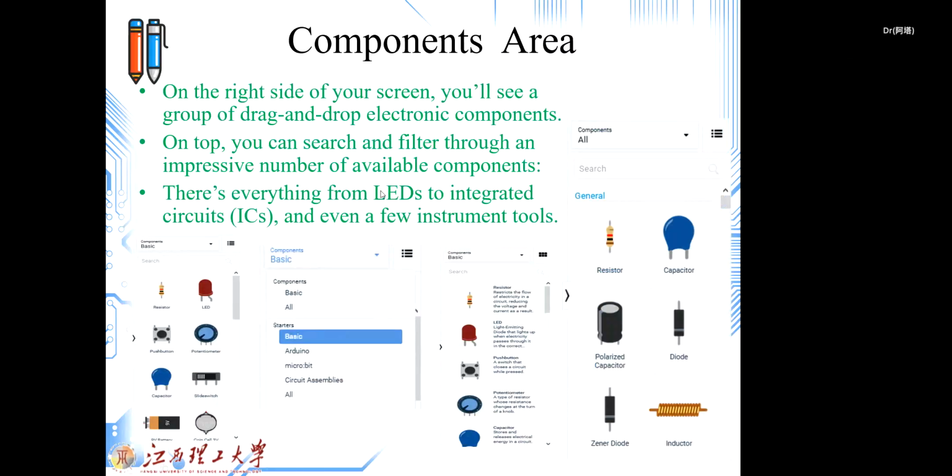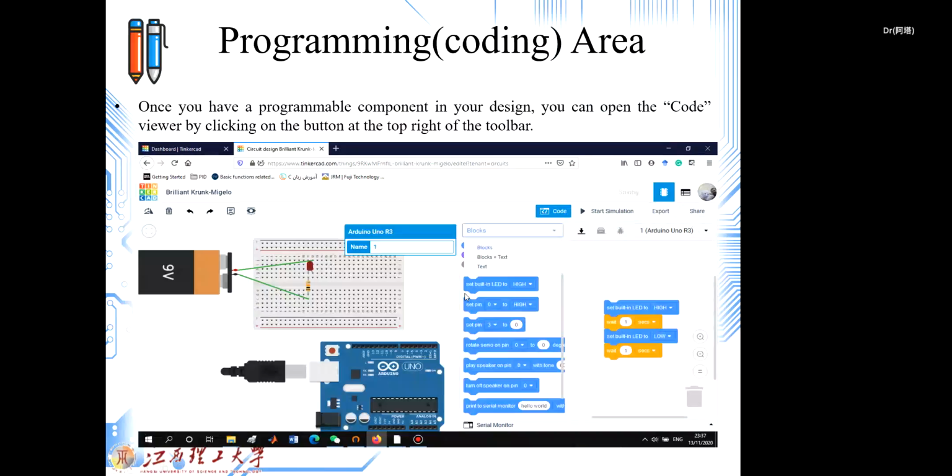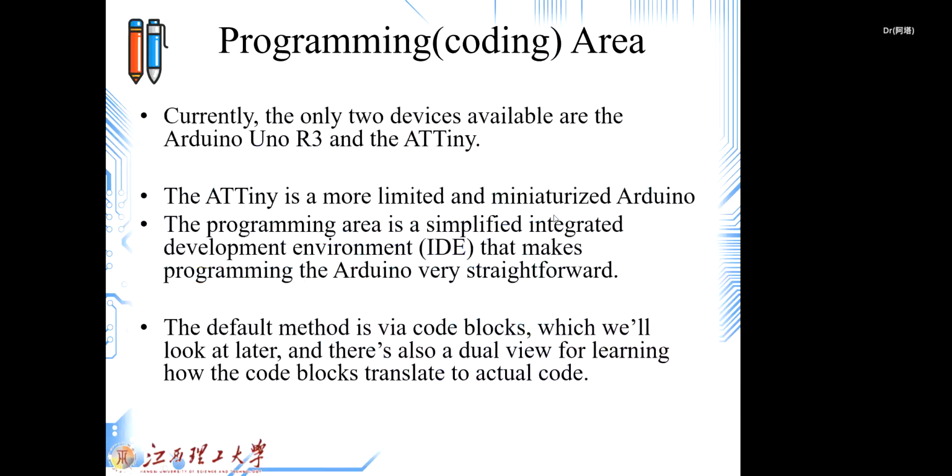Everything from LEDs to ICs and a few instrument tools is available in this part. The building area is the open area where you design your creation and drop your components. The next part is the programming code part, which you can do here.